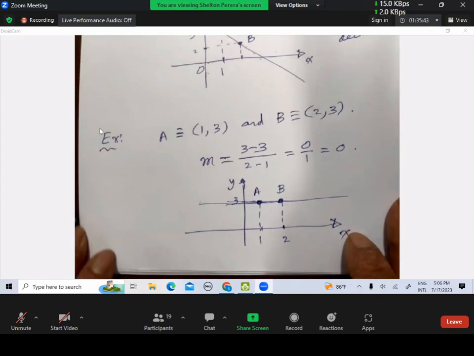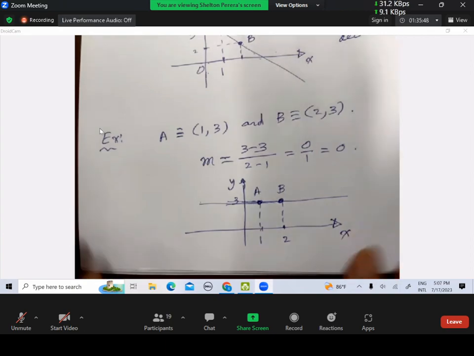Now I'll draw a few lines. Summarize what we said about slopes.